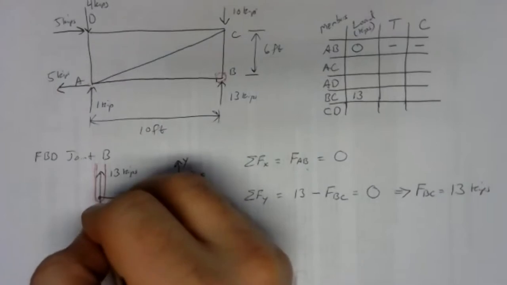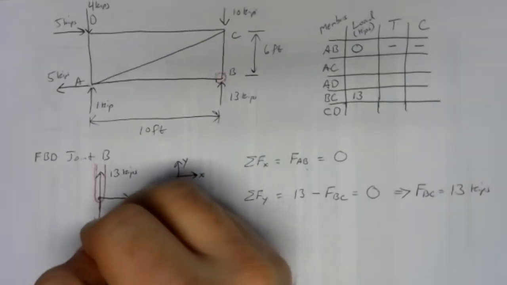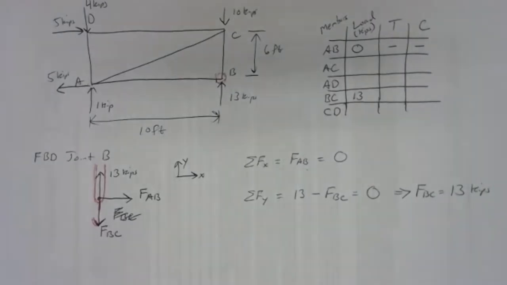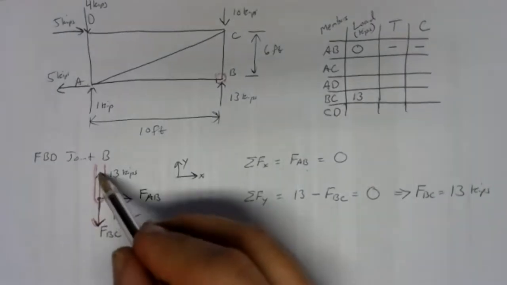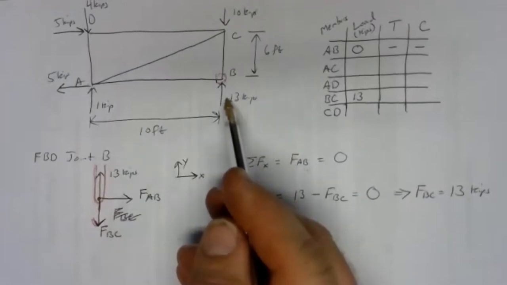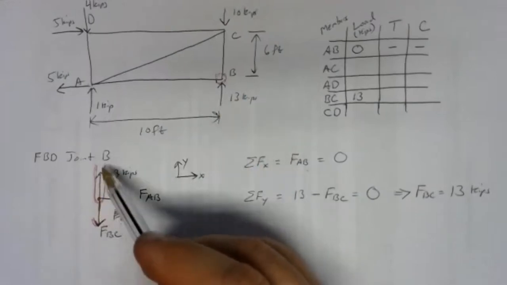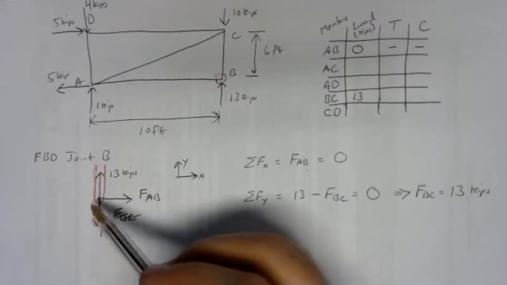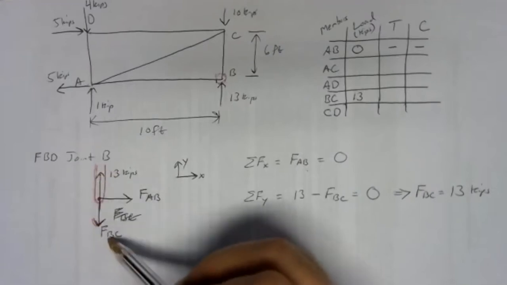And here is the force that member BC is exerting on joint B. Don't get confused with this other force here. That's just the reaction force from the roller. That's not something that we're looking at to determine whether this is in tension or compression. It's always the member and its force as shown in the free body diagram.